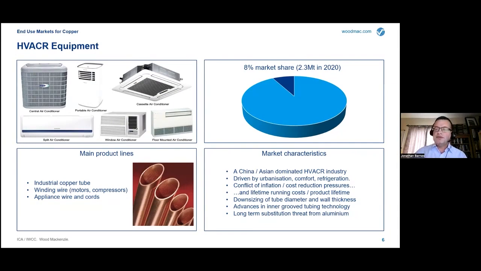HVAC markets are really driven by urbanization, obviously comfort in hot and humid climates, and refrigeration to preserve the life of food. But again, as in industrial machinery and equipment, we see this conflict between inflation, or certainly rising input costs for copper and other components, and pressures for cost reduction initiatives.